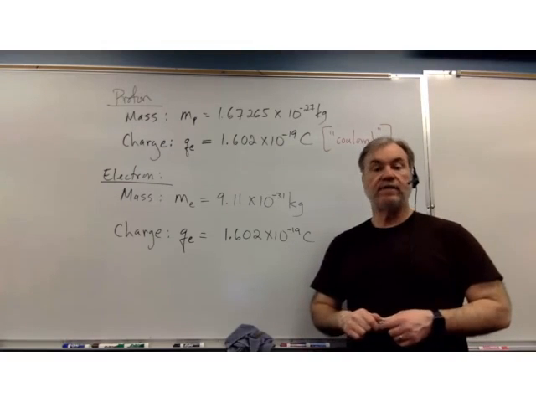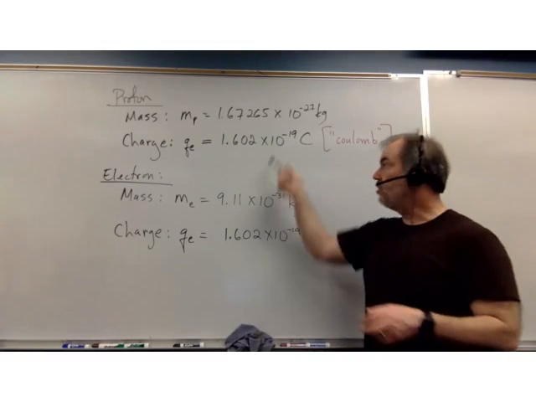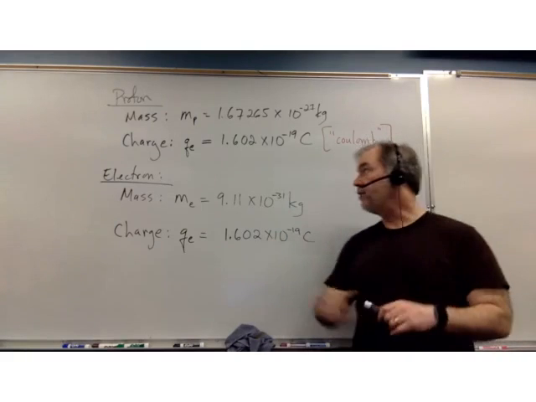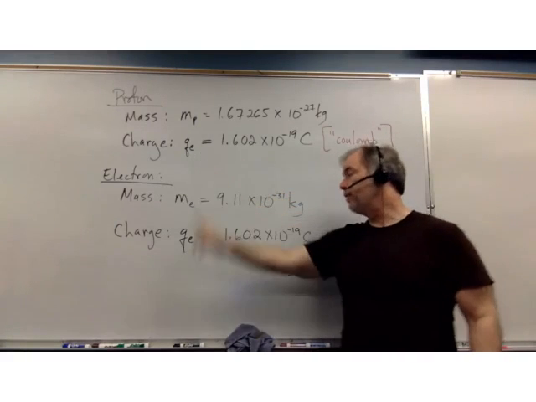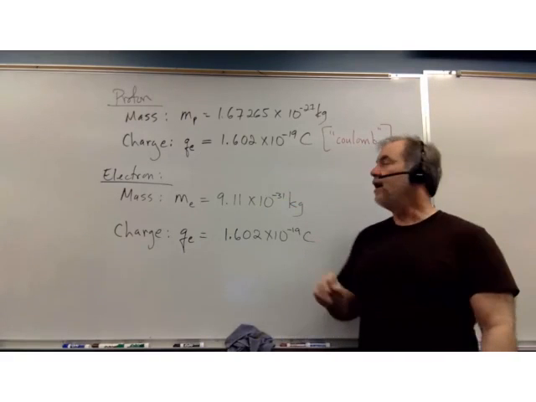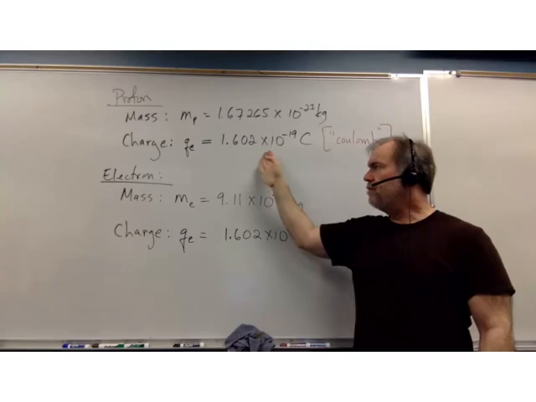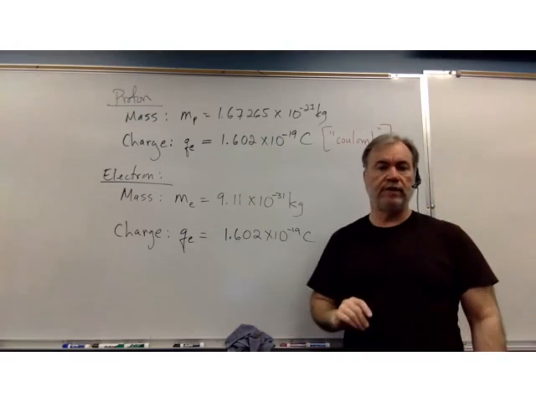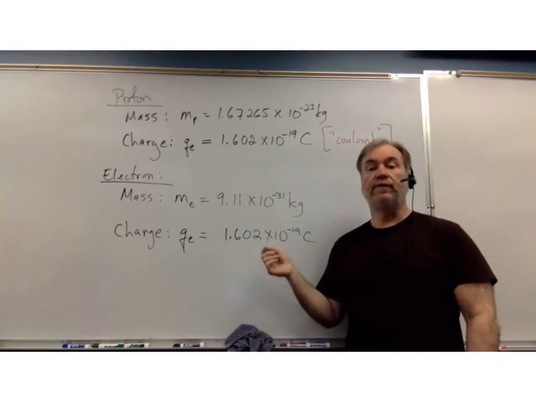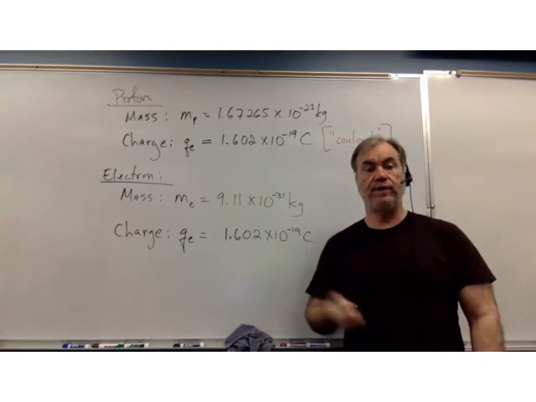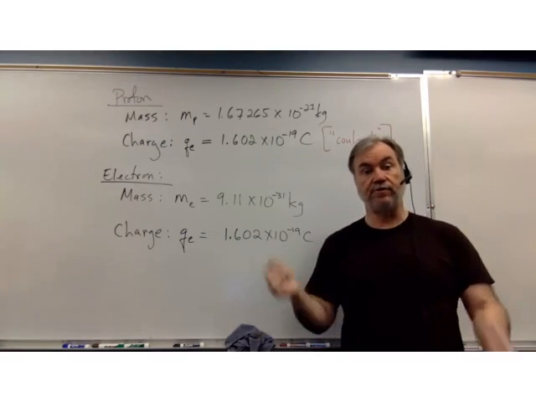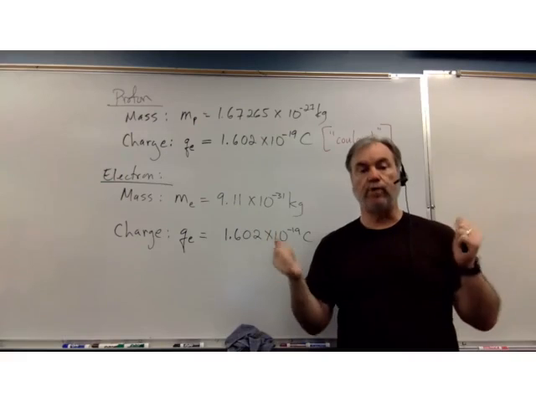The idea here was to label the charge on the proton and the charge on the electron. And by the way, it is not a mistake that it's Q sub E for both. The goal behind labeling the charge on the proton versus the charge on the electron was to indicate that the forces they cause point in opposite directions, exactly opposite directions, 180 degrees apart. This will be more clear in a minute.